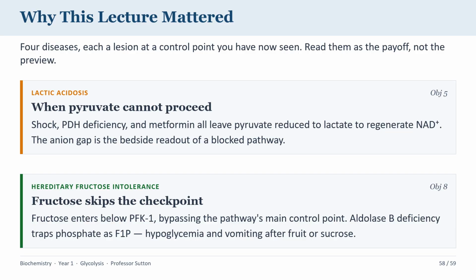Pyruvate dehydrogenase deficiency, thiamine deficiency, and metformin all leave pyruvate with nowhere to go but formation of lactate. Hereditary fructose intolerance. Fructose skips the checkpoint and aldolase B deficiency traps phosphate as fructose 1-phosphate. Hypoglycemia and vomiting after fruit or sucrose.